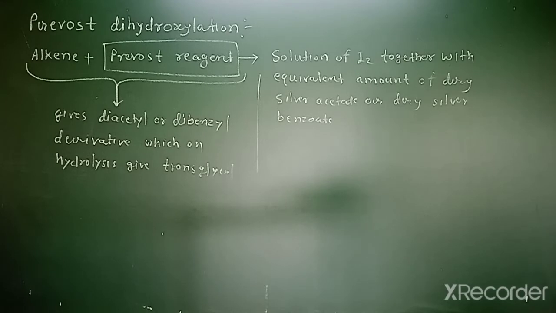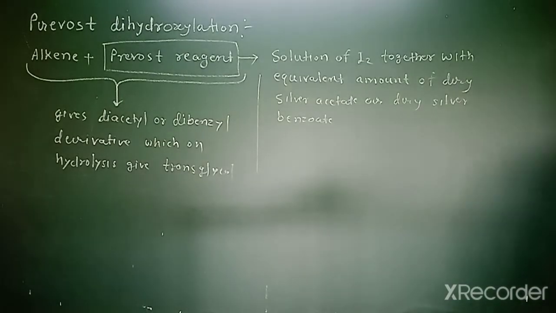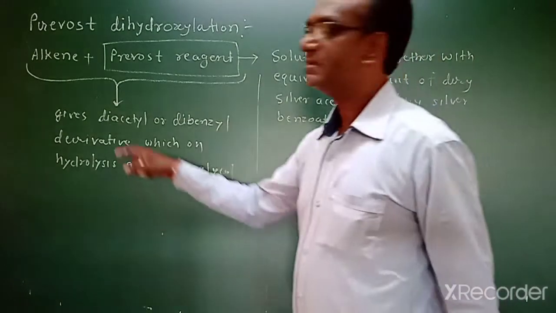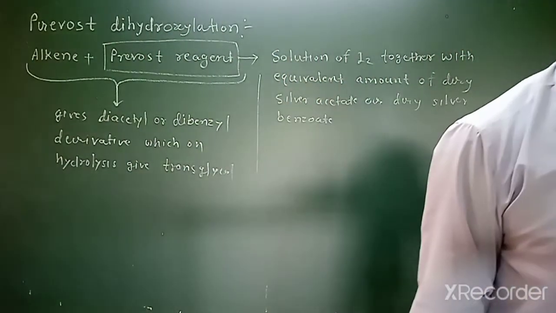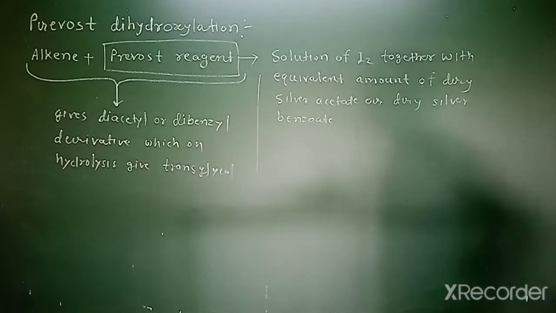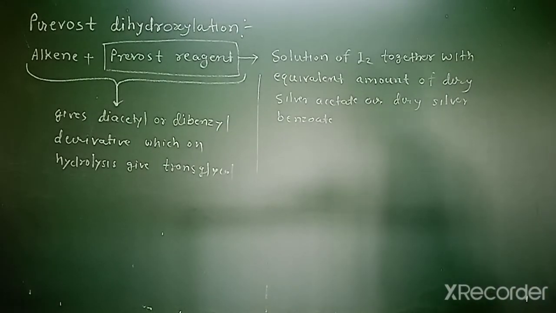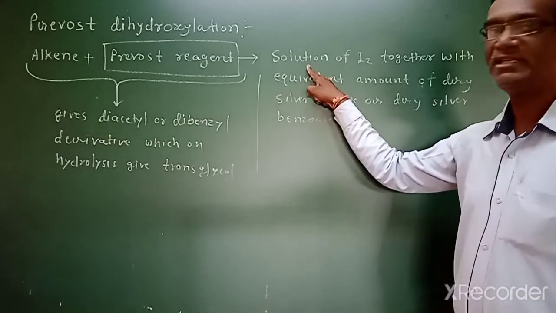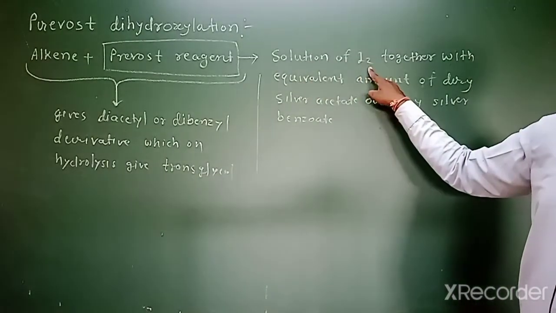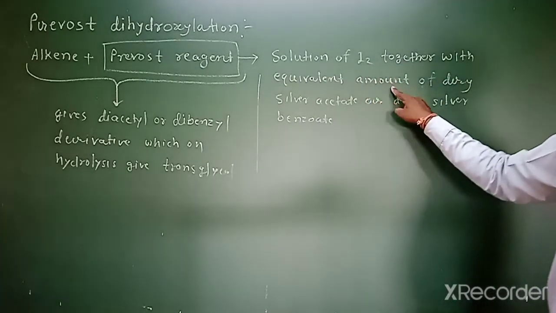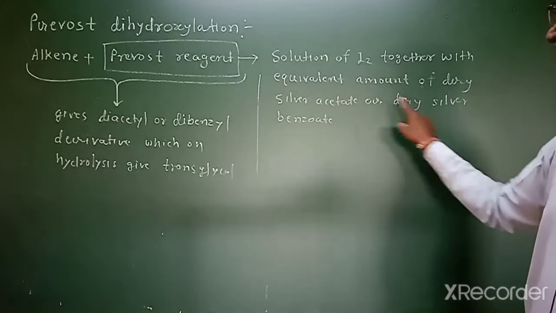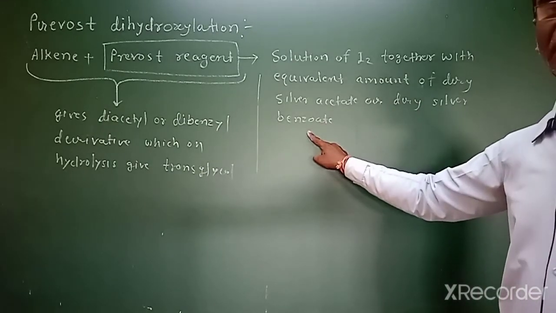The description of the Prevost dihydroxylation you can see on the board. In Prevost dihydroxylation, alkene is treated with Prevost reagent. This Prevost reagent, you can see here, is a solution of I2 together with an equivalent amount of dry silver acetate or silver benzoate.